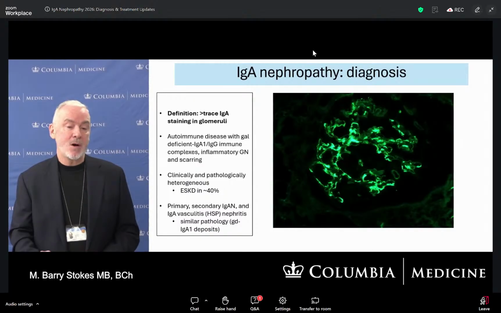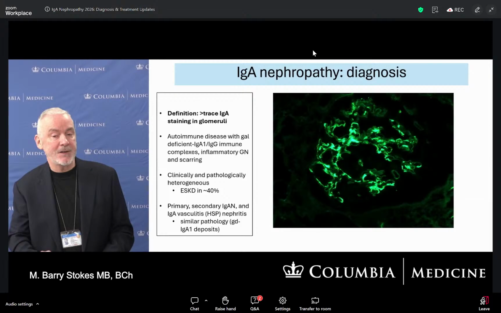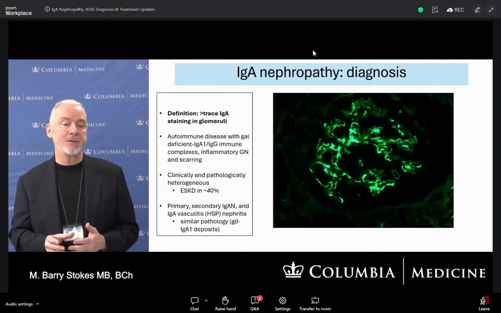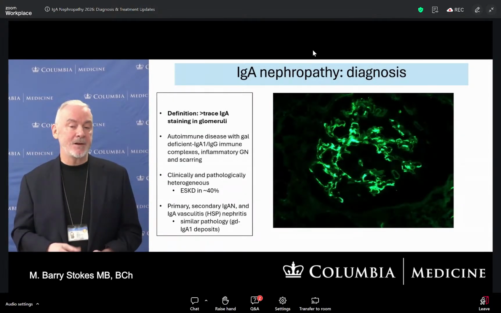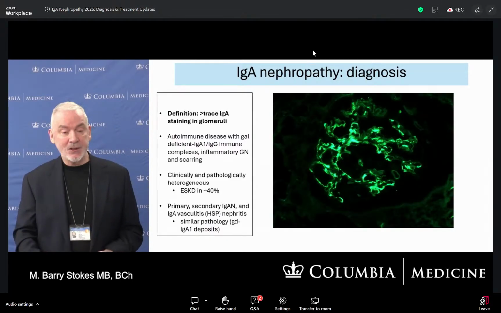There's also a form called IgA vasculitis, formerly called Henoch-Schönlein purpura, which also shows IgA deposits in the glomeruli. All of these conditions have similar pathology, so we as pathologists can't tell you if a patient has HSP or a secondary form of IgA nephropathy. These distinctions require clinical correlation.